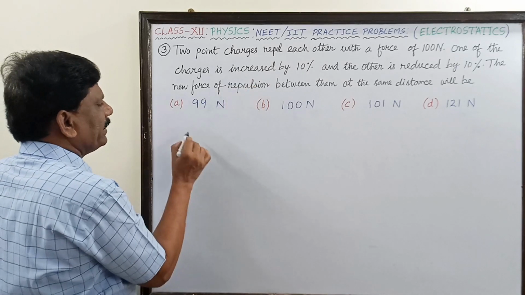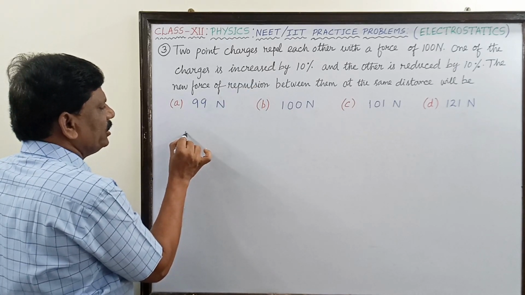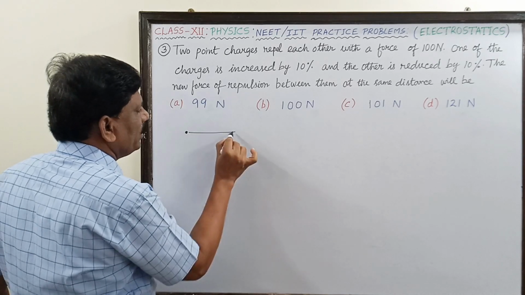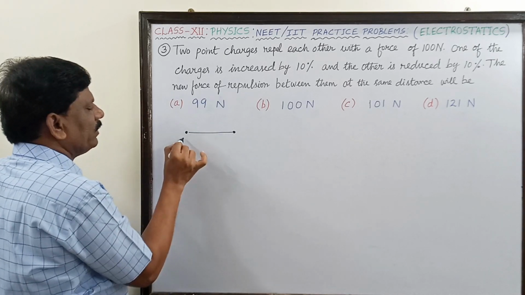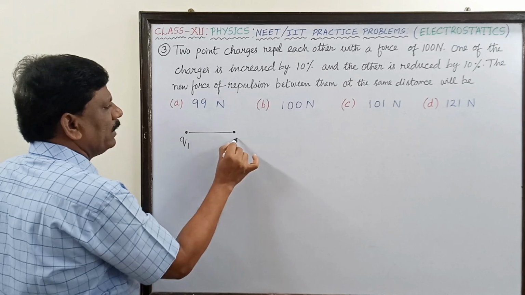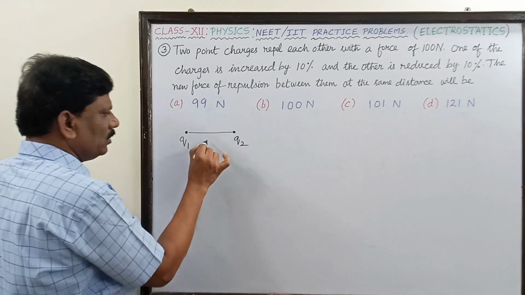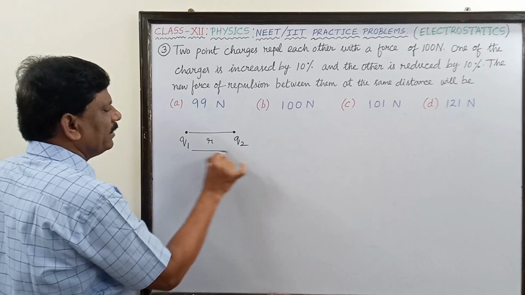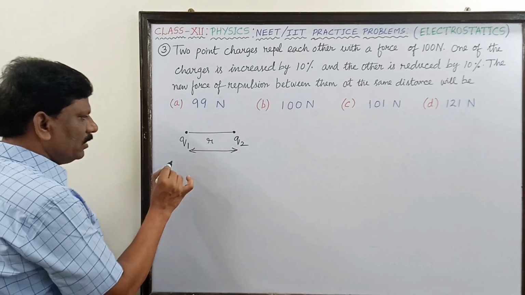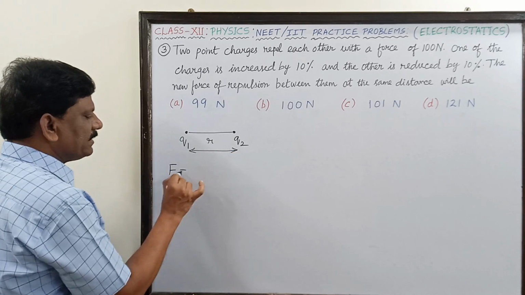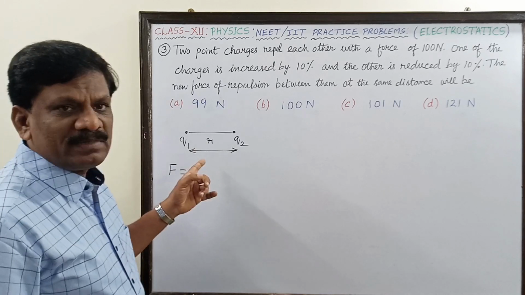Now let us take the initial force between the 2 point charges. Let us take this is Q1 and this is Q2 and the distance between them is R. So the force between the two charges is given by Coulomb's inverse square law.